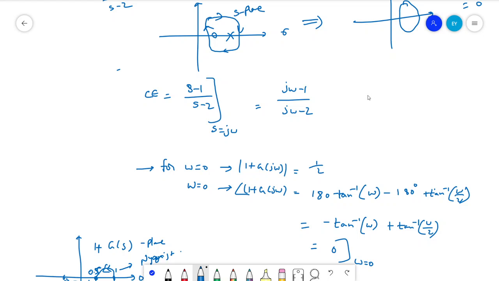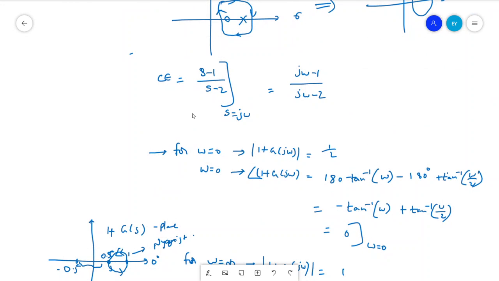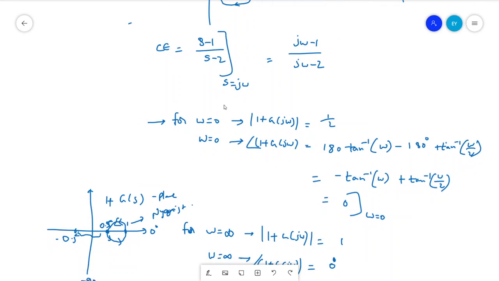And what we can do is directly substitute from 0 to infinity and draw a mirror image. And if that whole plot is encircling, it is encircling a point. If you are considering the characteristic equation, what we will be getting is 1 plus G of S.